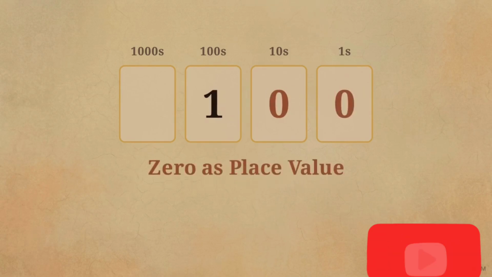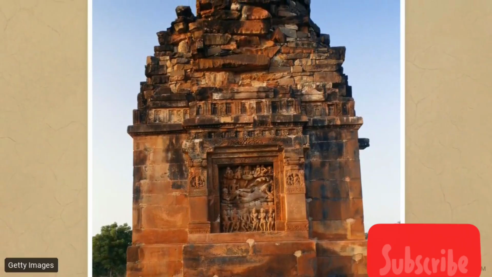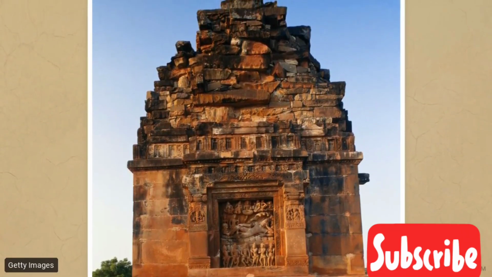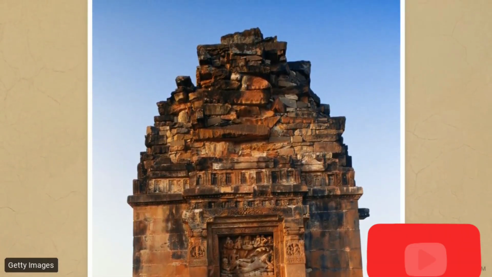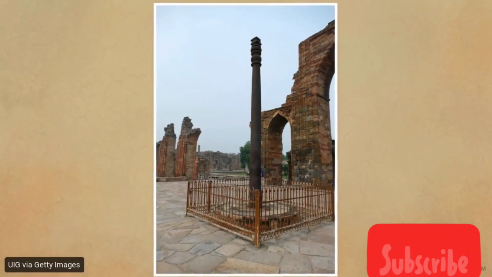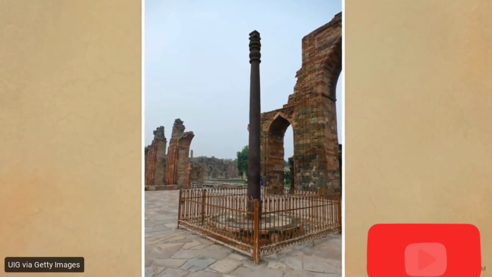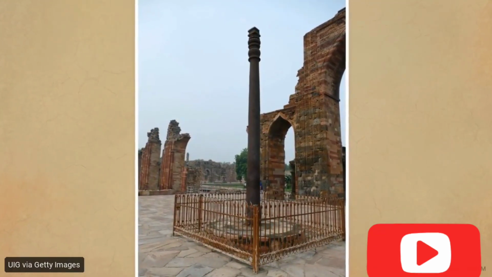Architecture evolved from rock-cut caves into freestanding stone structures. The Dashavatara temple, with its complex masonry and detailed carvings, reflects this engineering shift. The era's mastery of metallurgy is visible in the Iron Pillar of Delhi, a 23-foot column forged over 1,500 years ago.